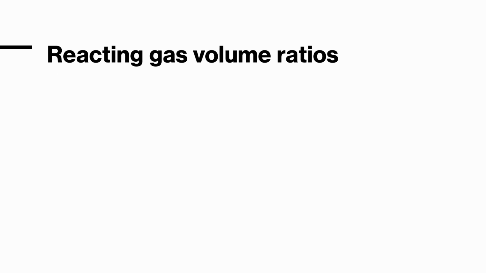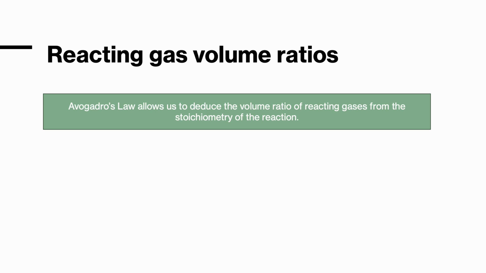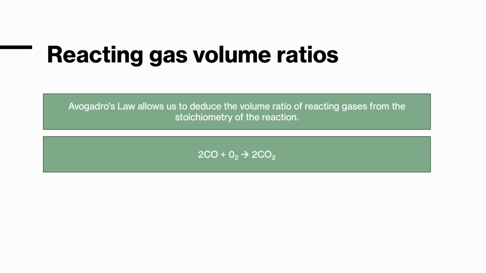Okay, now looking at reacting gas volume ratios. So Avogadro's law allows us to deduce the volume ratio of reacting gases from the stoichiometry of the reaction. So here we have the reaction of carbon monoxide with oxygen to produce carbon dioxide.